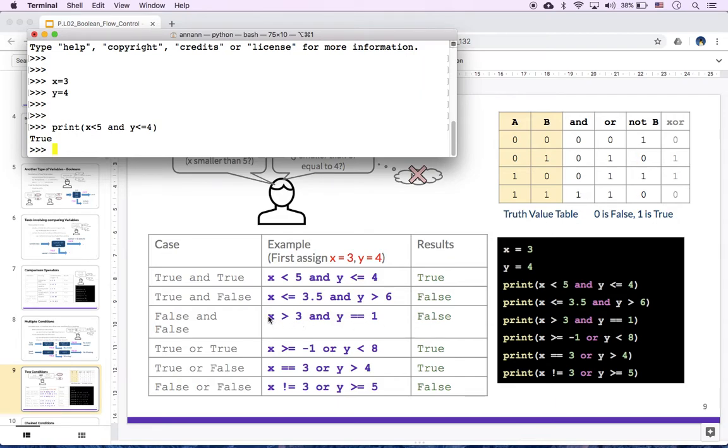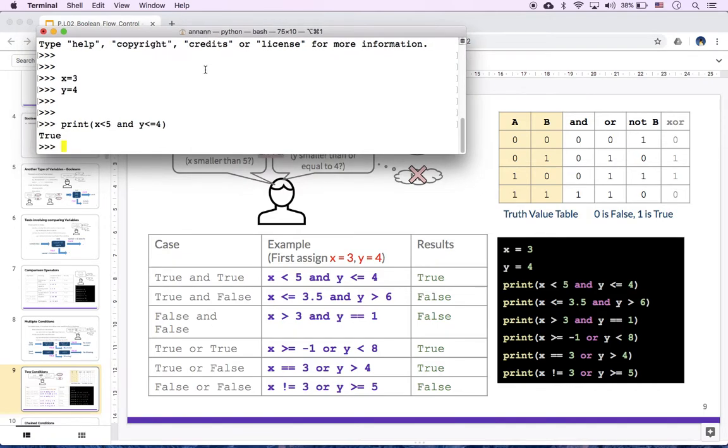Okay, so maybe we can try this one. x is larger than 3 and y equals 1. Okay, false. So we know that x is 3, so it's not larger than 3, false.